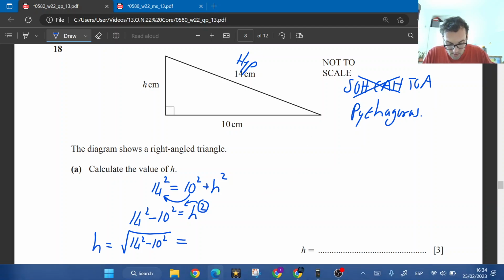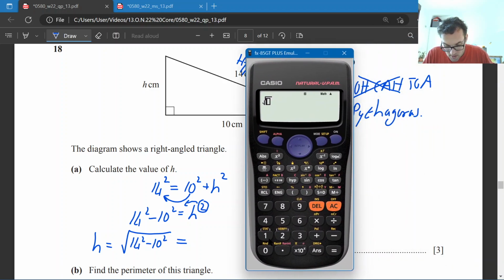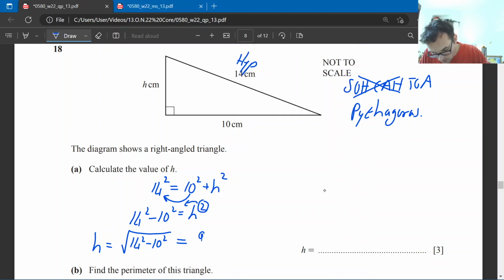Right, so let's put that in our calculator. Just like that, to save time. Square root of 14 squared minus 10 squared. 9.7979, etc. If you're going to round this, 3 significant figures.